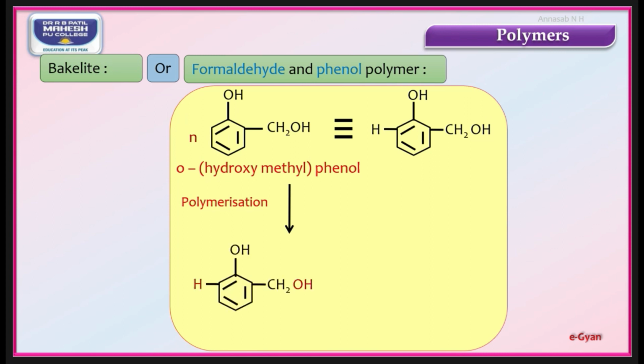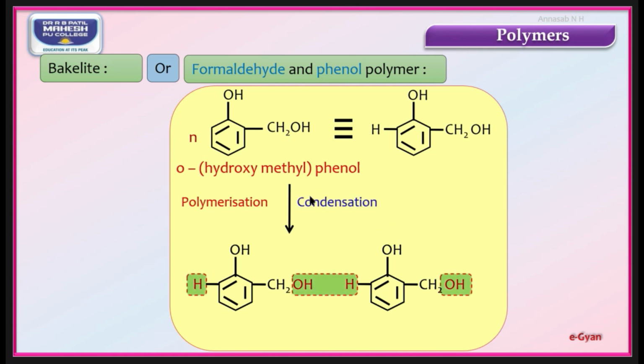There is a removal of a water molecule from two successive components, ortho hydroxymethylphenol and another ortho hydroxymethylphenol. There is the presence of OH group and a hydrogen atom, and removal of water molecule, again coming under condensation process, where removal of smaller molecules takes place or byproducts are formed.